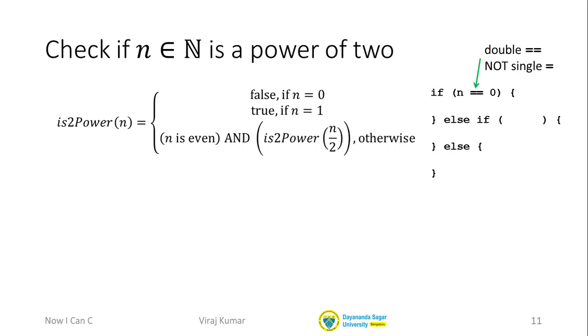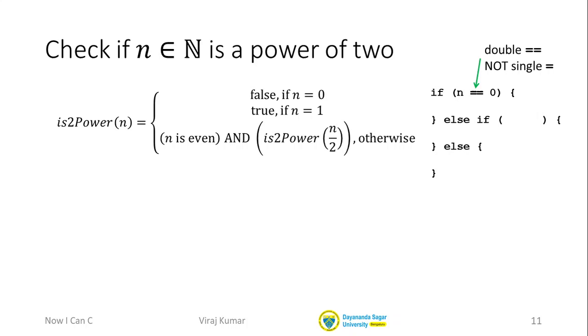If you were to write the statement n double equal to 0, as we have done, then that is checking if n is equal to 0 or not. But if you were to write n single equal to 0, that means something totally different. And unfortunately, in C, both those statements would work in this piece of code.